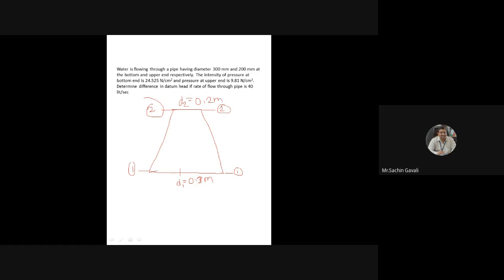Then the intensity of pressure at bottom end we can call P1. P1 is equal to 24.525 Newton per centimeter square. If I want to convert it to Newton per meter square, it should be into 10 raised to 4.